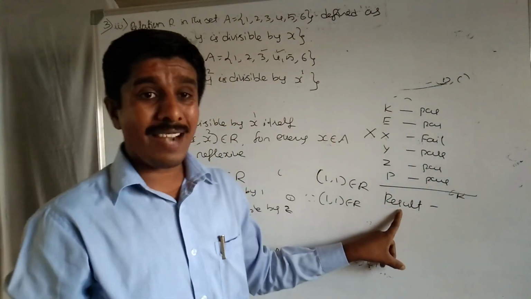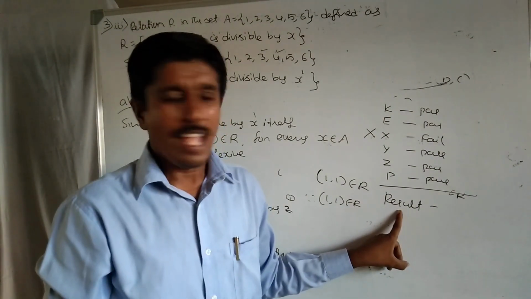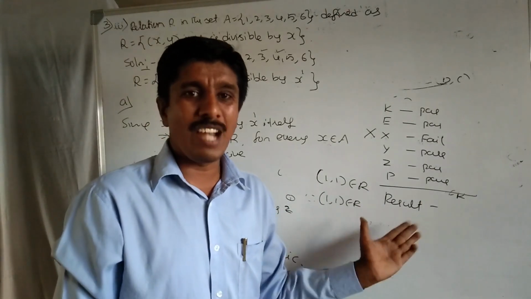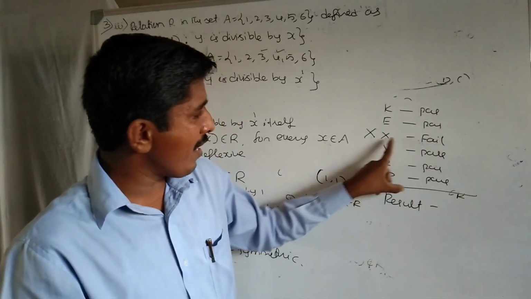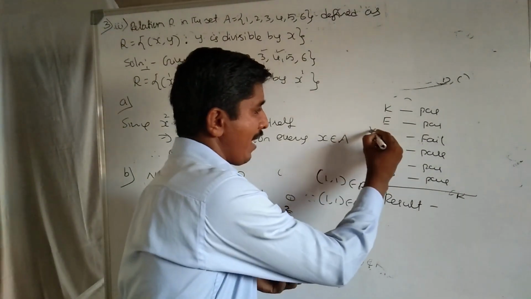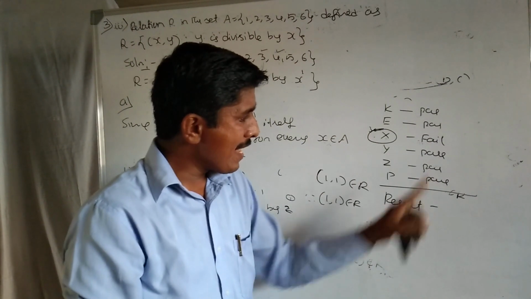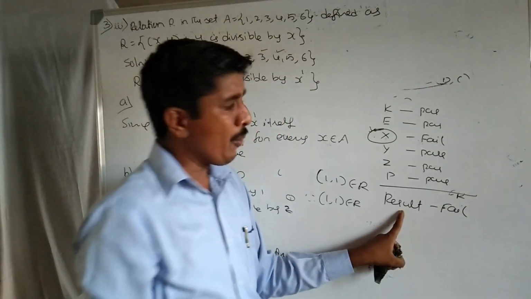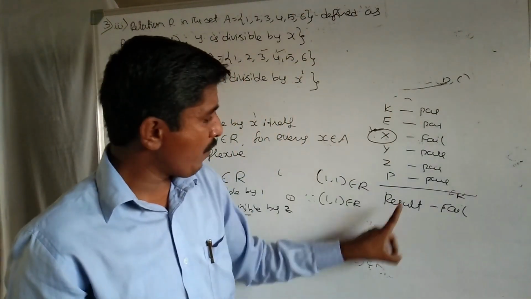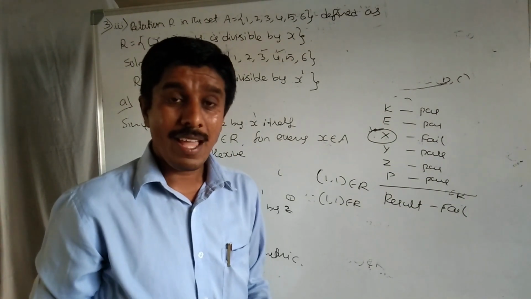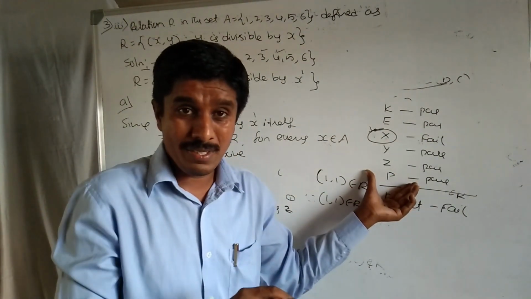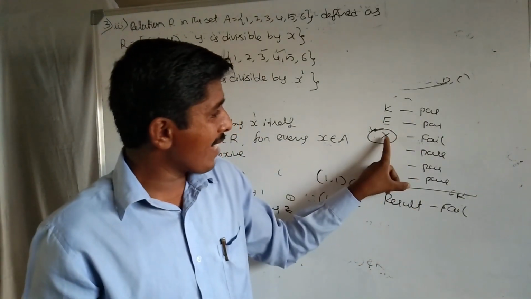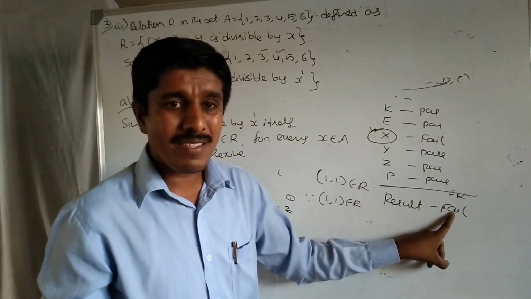Kannada pass, but we cannot say the result is pass, because the result is pass only if all these subjects are passed, then we say the student is promoted. But here one subject, X, has failed. Therefore the result is fail, not promoted.